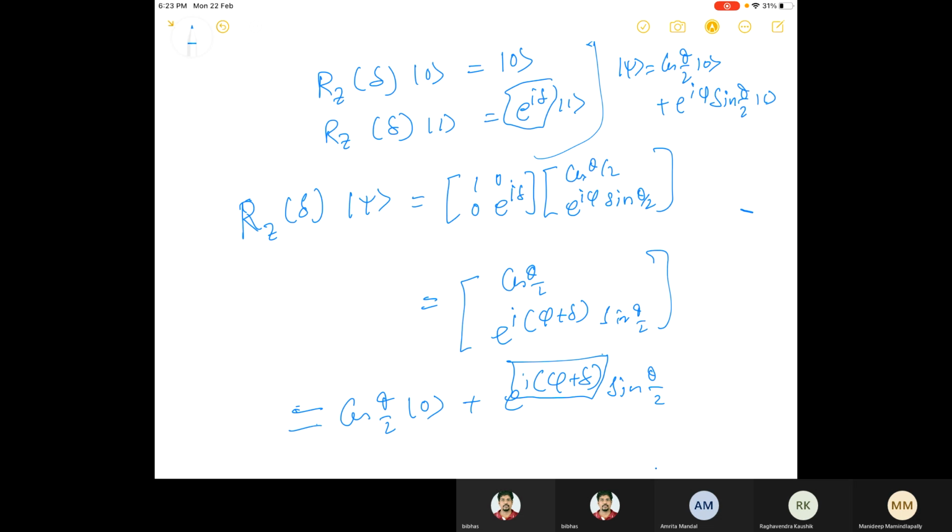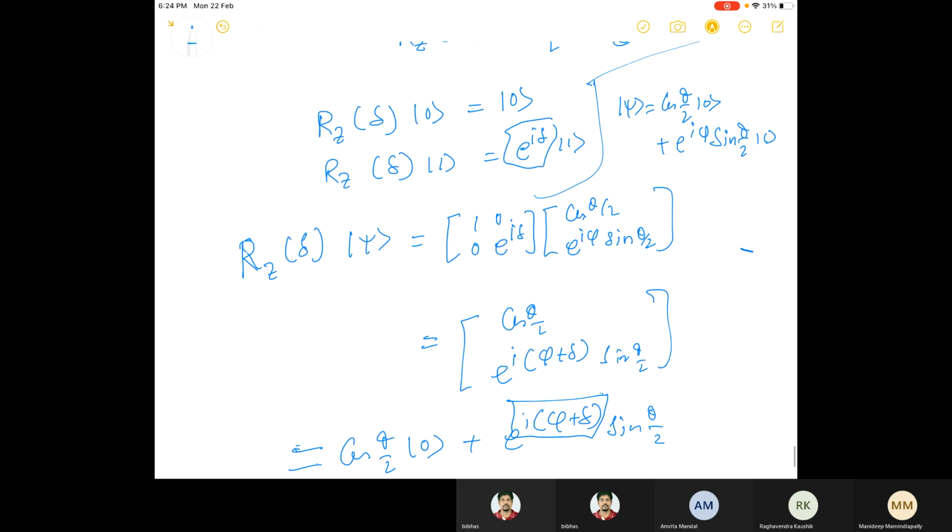Physically, this has a huge meaning. Why? Because geometrically, not physically but geometrically, in the Bloch sphere, when I write a generic qubit in terms of theta and phi, these are angles in the Bloch sphere.